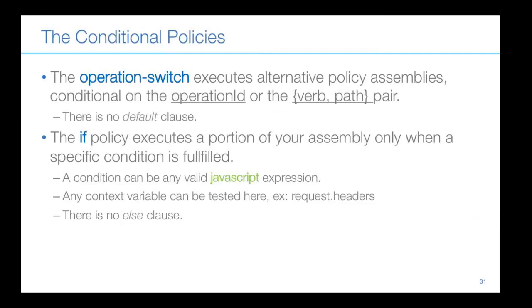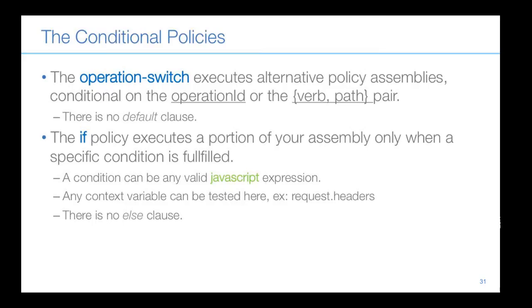We are going to talk about the conditional policy. An assembly flow may contain one or more policies. There are two conditional policies that can be used to do conditional processing. One is the operation switch, and the other is the if policy. The operation switch can execute alternative policy assemblies based on the operation ID or the verb and path pair. With the operation switch, the assembly developer can explicitly specify the assemblies to be executed for different operations.